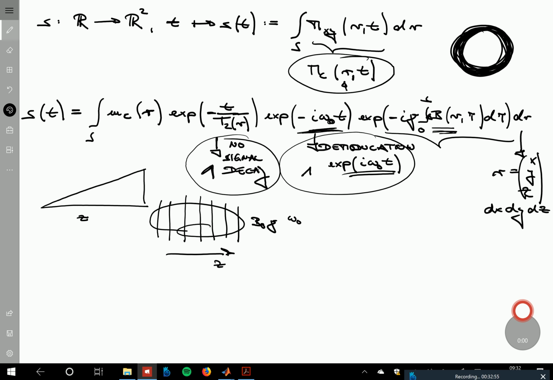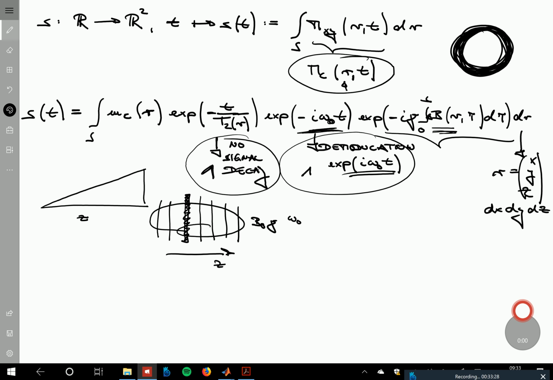So we excite at the resonance frequency. By tuning our resonance frequency, by choosing our omega 0 appropriately, we choose this location in space, and then we know roughly where we are in terms of the Z direction.